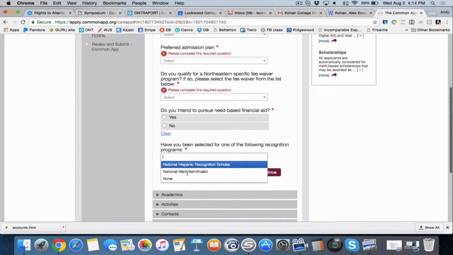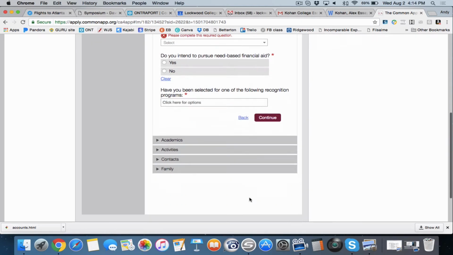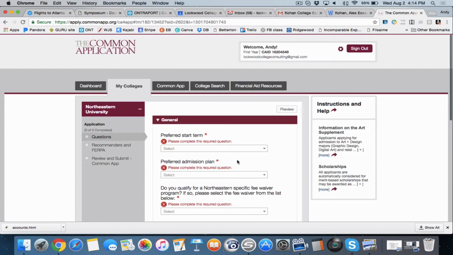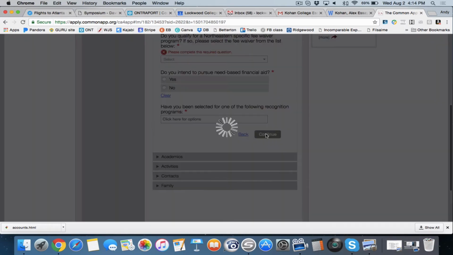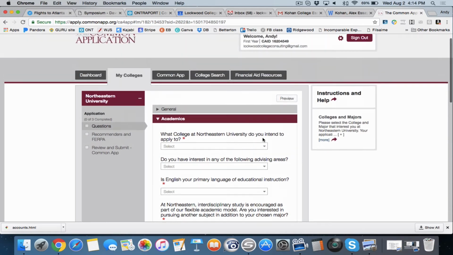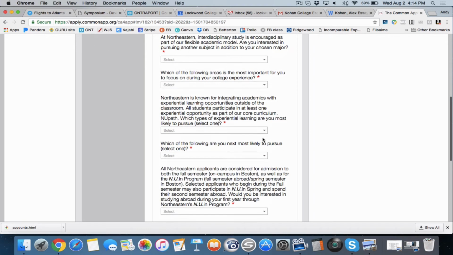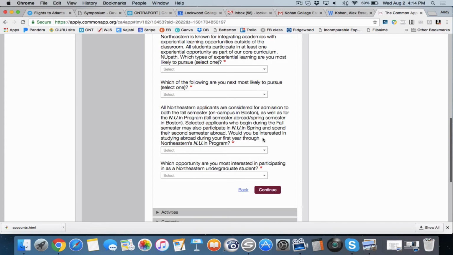This is another question they're asking. I don't see any other information that they are requiring, any supplemental information. So far, I don't know if they're going to let me continue here. All right, so far they have those questions, and now we're looking at the next questions, and you just have to answer these.